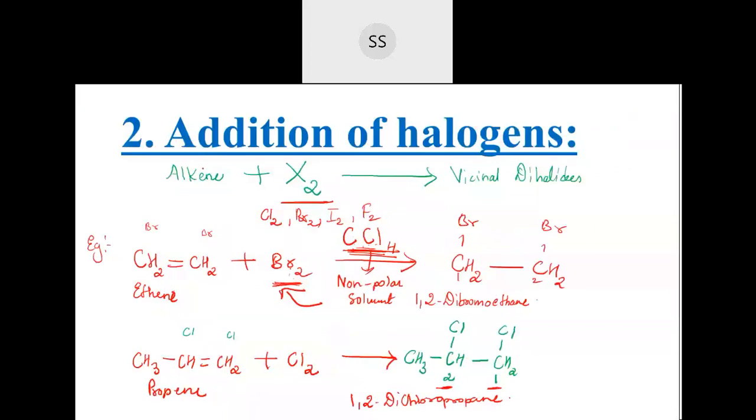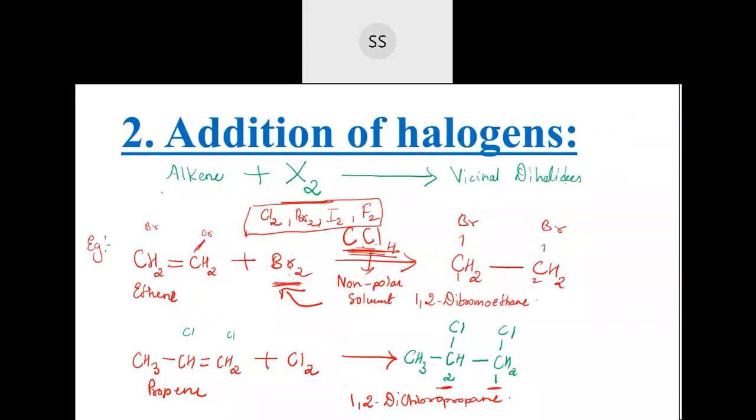The second chemical property was addition of halogen. When we took alkenes and added halogen X2, where X can be any of the halogens, you get a vicinal dihalide, because you are adding the halogen across a double bond. One halogen will get added to one carbon and the other halogen will come to the other carbon atom.